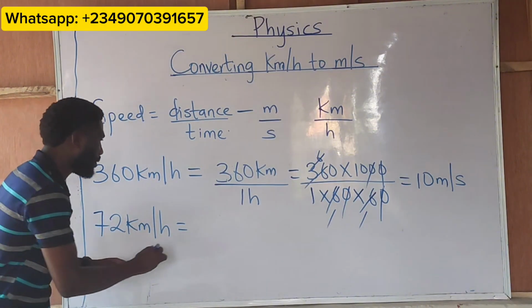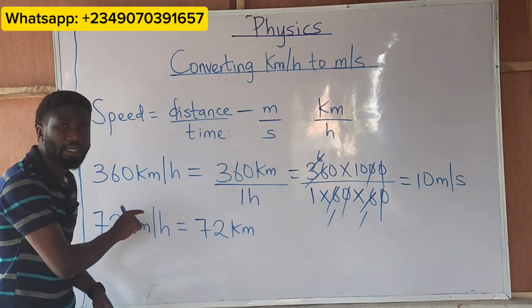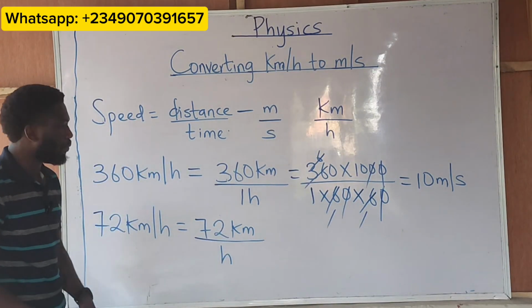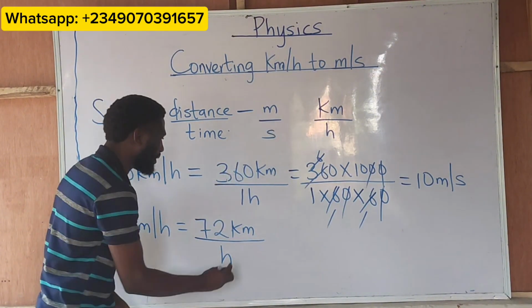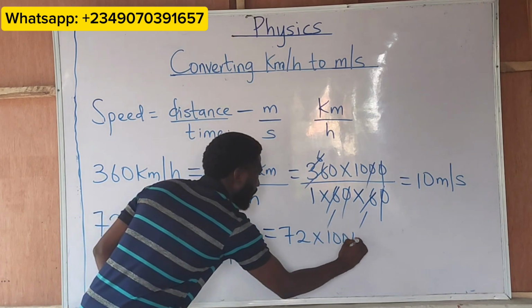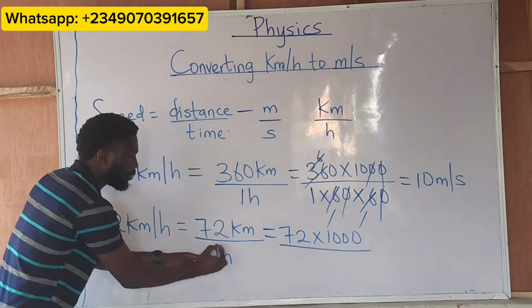72 kilometers, that's division over hour. We are changing kilometer to meter, and that is multiplied by 1000. That's 72 multiplied by 1000 over, I said the coefficient here is 1.